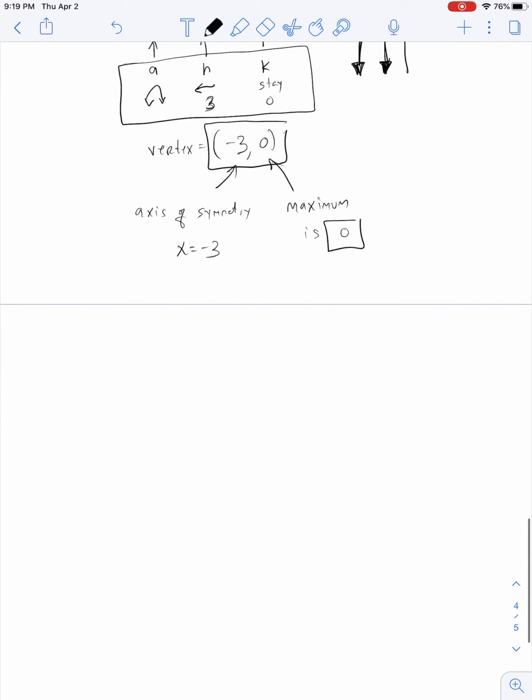Okay, and one last one here, D. How about y equals x squared minus 3? Another interesting one.